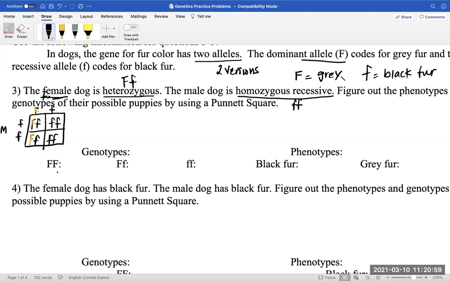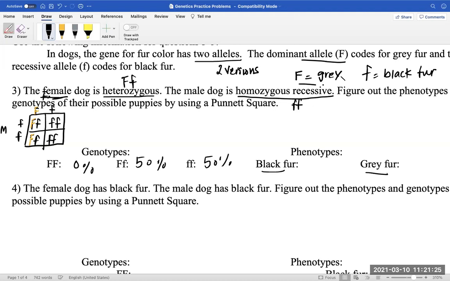Is there anything that has big F, big F? No, so that's 0%. Big F, little f is half, 50%. Little f, little f is 50%. And then phenotypes, black fur and gray fur.